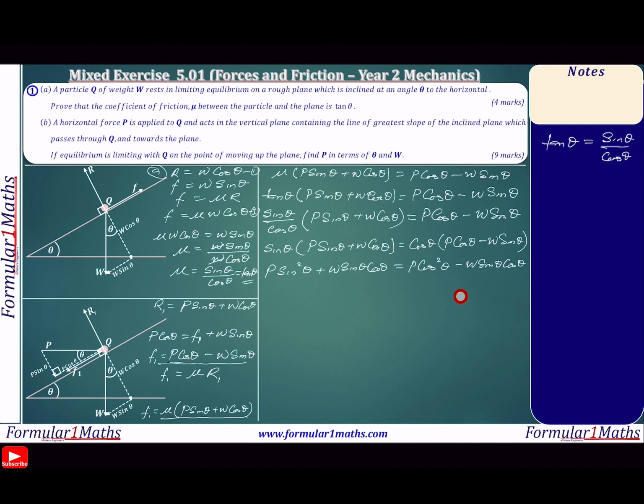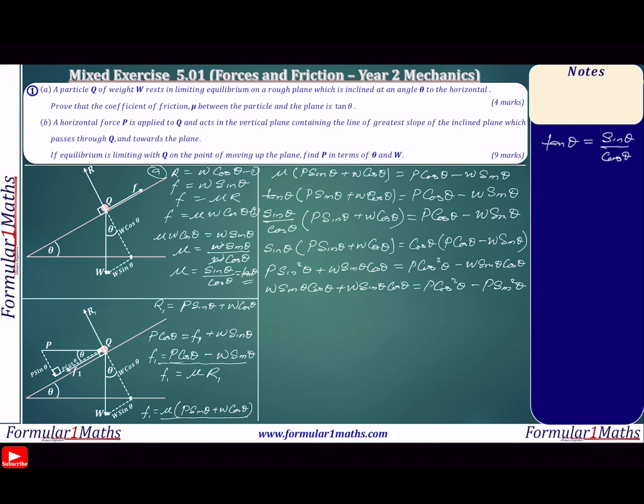I'll bring like terms together involved with W and the P. That means I'll bring minus sine theta cos theta over here and take P sine squared theta to that side. And I'm going to get W sine theta cos theta plus W sine theta cos theta equals P cos squared theta minus P sine squared theta.